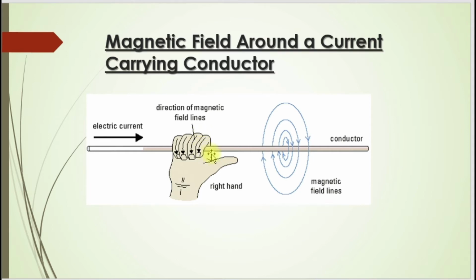Fleming's right-hand rule states that if the current carrying conductor is grasped by the right hand, so that the thumb points in the direction of current flow, then the fingers will point in the direction of lines of flux, or vice versa. So, thumb will be pointing in the direction of current and then the fingers will be pointing in the direction of the lines of flux. It is explained by Fleming's right-hand rule.